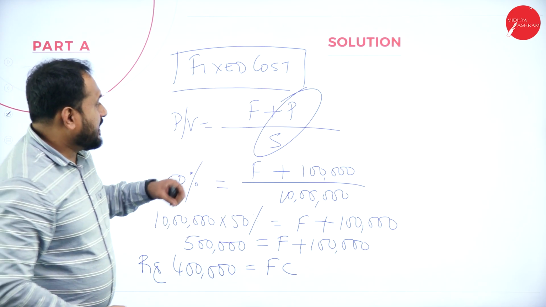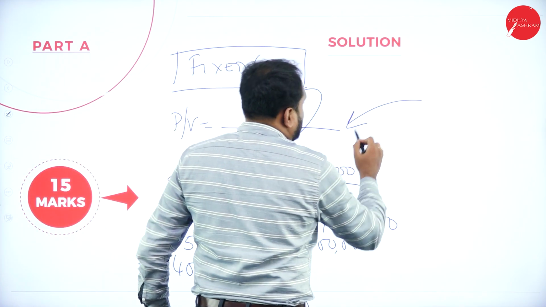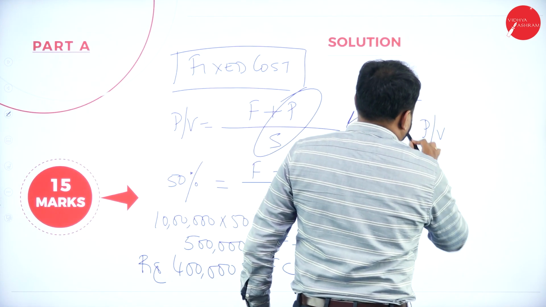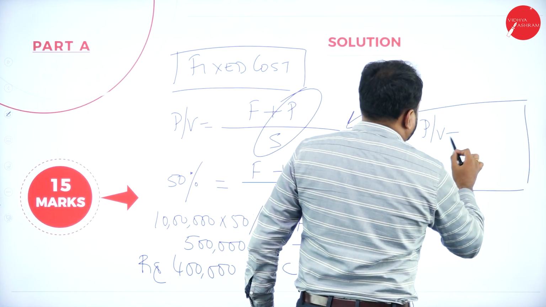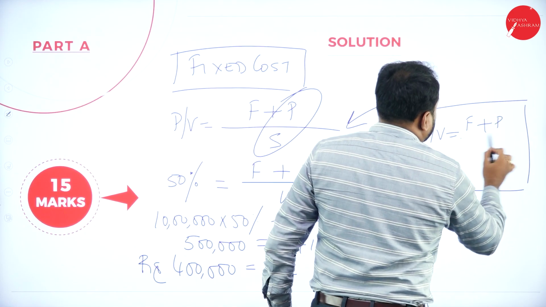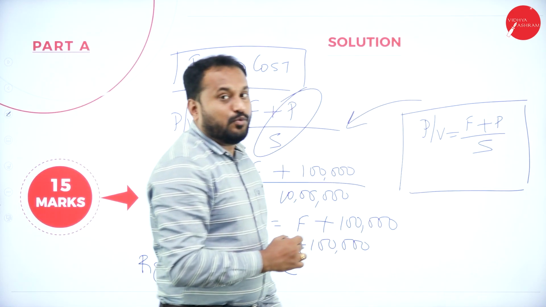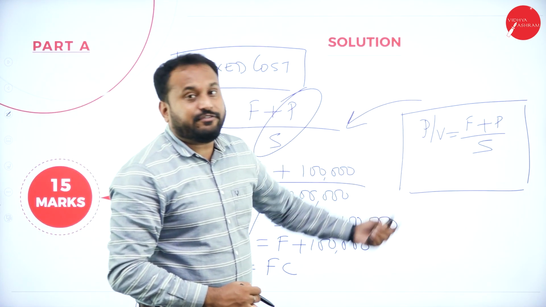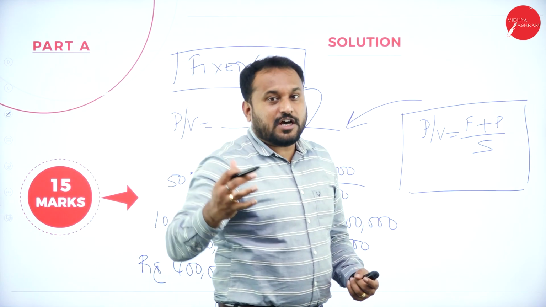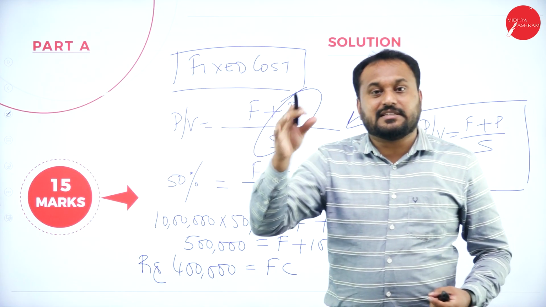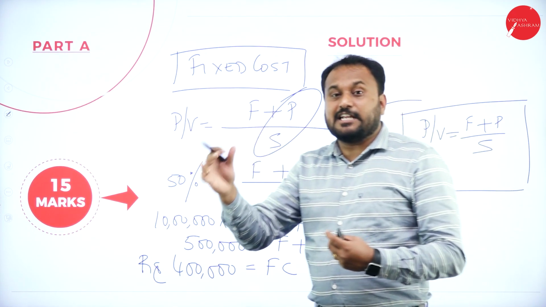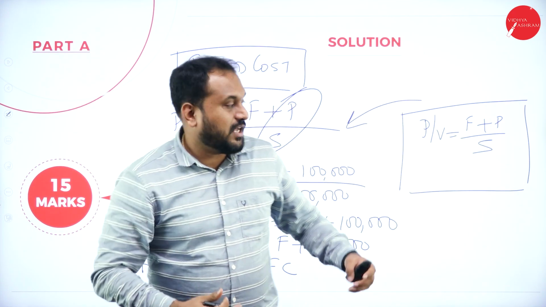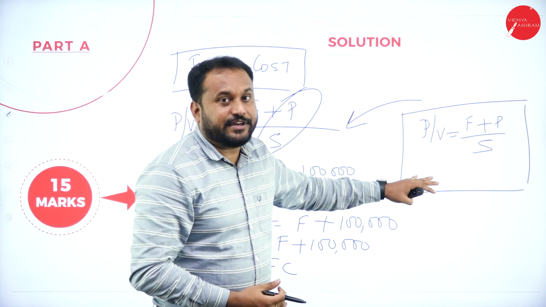See, understand in this formula, that is PV, let's go with this formula, is equal to F plus P divided by S. In this one formula, I can actually find fixed cost, I can find profit when sales is given, I can even find sales when profit is given. So very, very important formula. Never forget this.